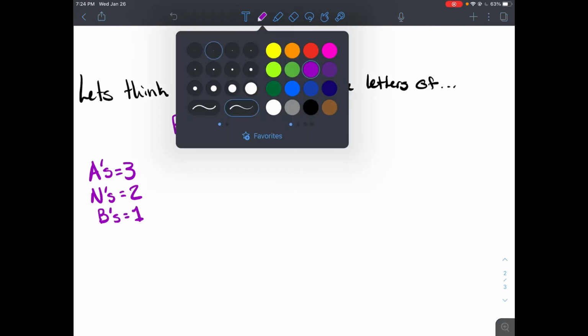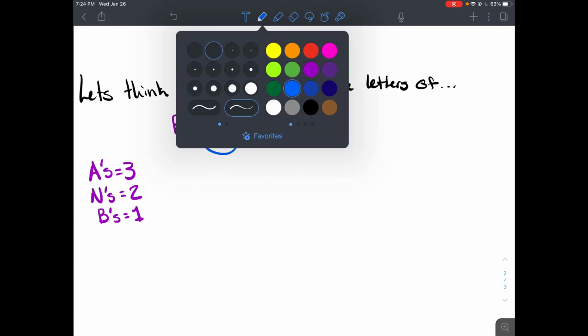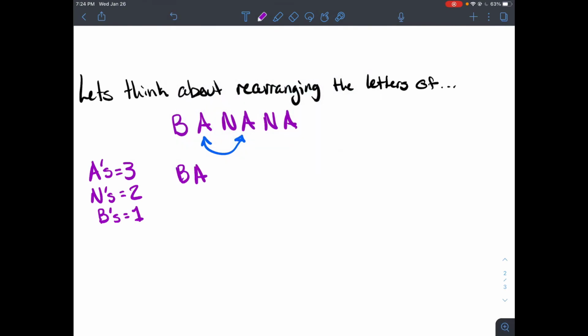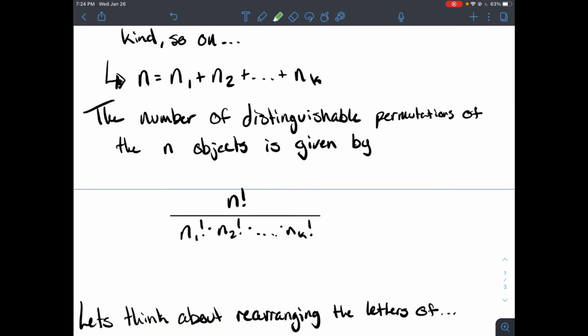So if we rearrange this and I swap this A and this A, what are we left with? We're left with B, A, N, A, N, A. Banana. It's still the same exact thing, but we are looking for distinguishable permutations.